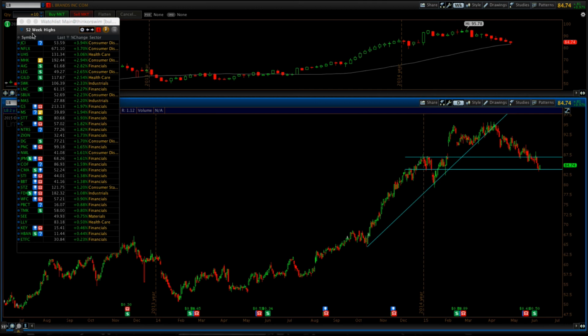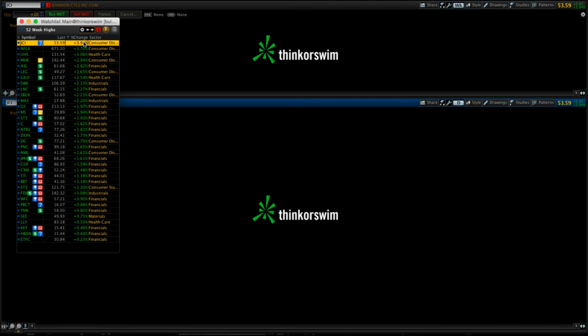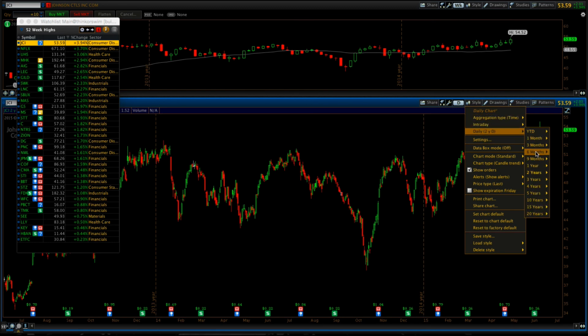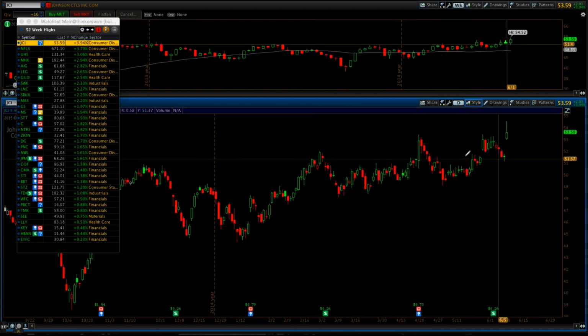I would go through this scan query and basically sort them by performance, which you can see I have done here, and then I just go through, and that's really how I generate a lot of the trade ideas that you see in these free videos. So here we'll just go through each one, and if something piques your interest, you're more than welcome to go ahead and take a look at it.